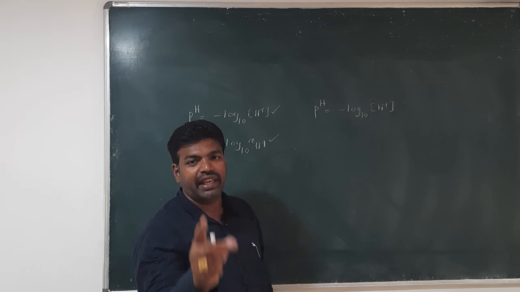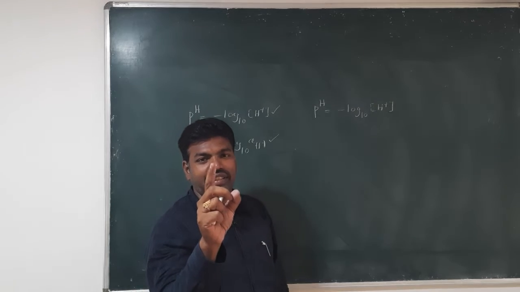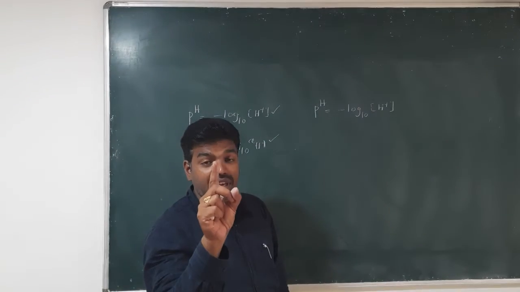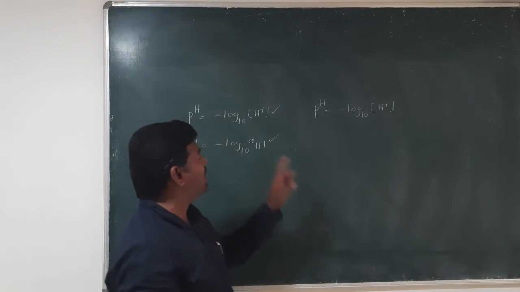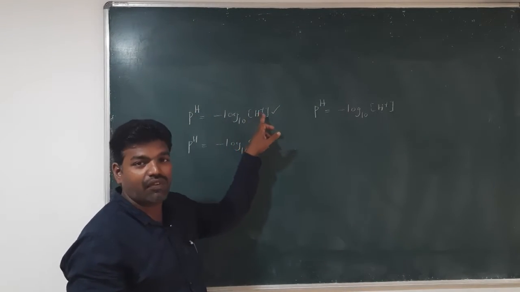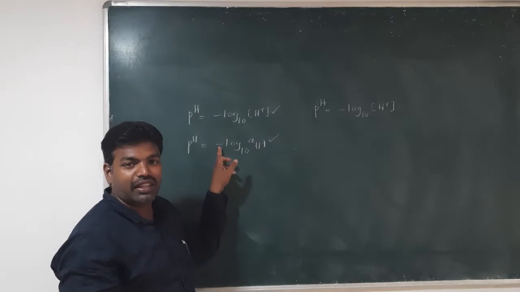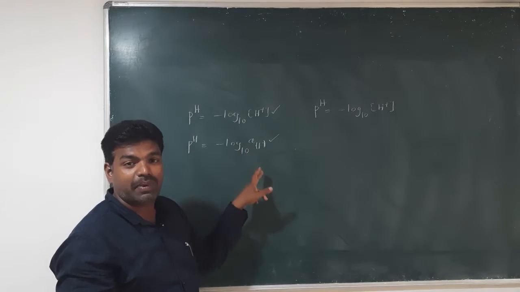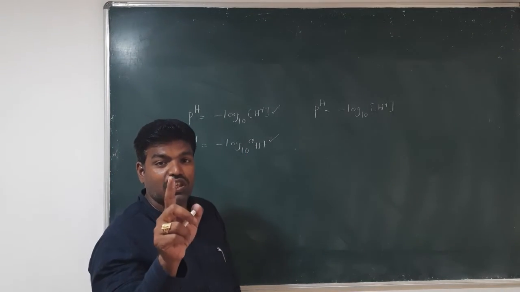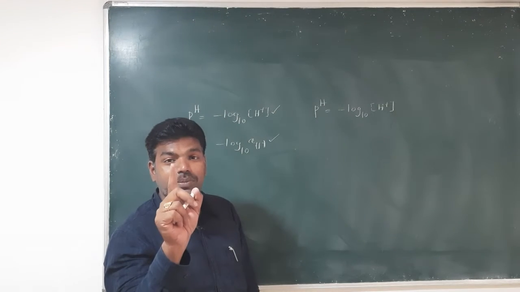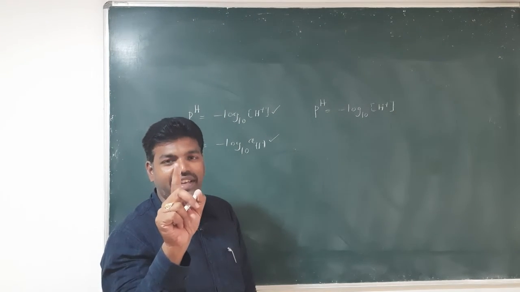And one more thing that you should keep in mind: in pH calculations, whether pH is the negative logarithm of the concentration of H plus ions or the negative logarithm to the base 10 of the activity of H plus ions, concentrations should be expressed in normalities.